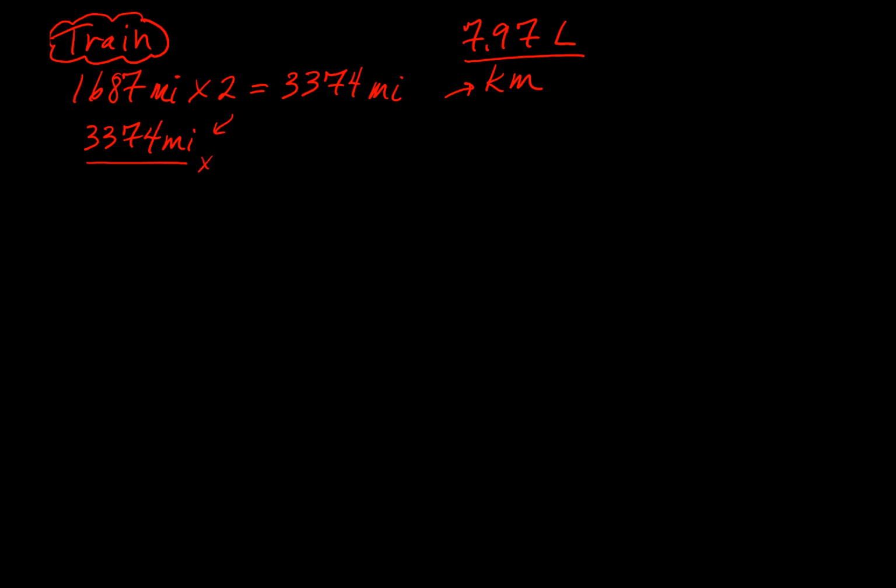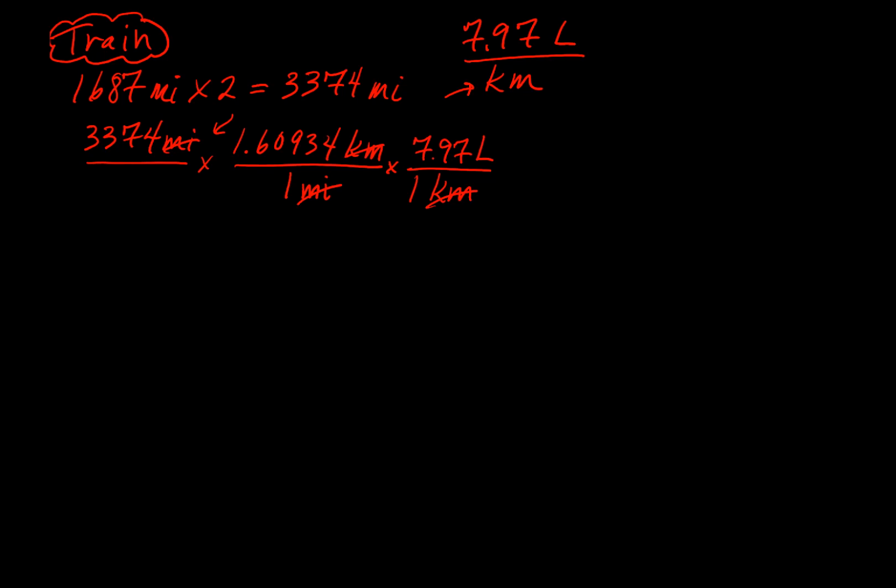So I'm going to use that same conversion, 1.60934 kilometers in 1 mile. Miles cancel, and now I can use this conversion where I have 1 kilometer of travel for every 7.97 liters of diesel fuel used.